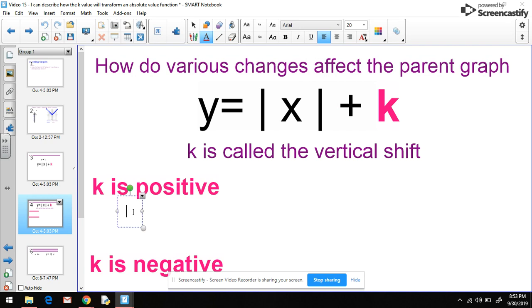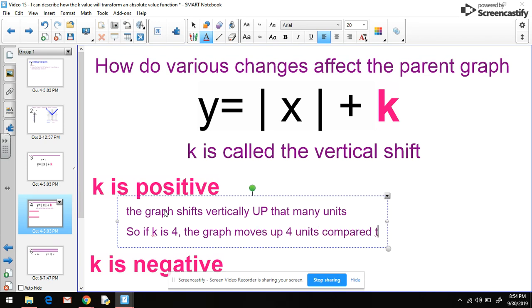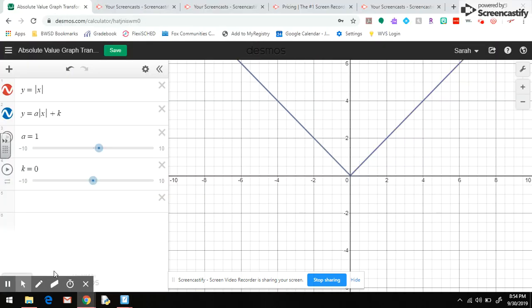So I'm going to add that piece in. When k is positive, the graph shifts vertically up that many units. So if k is, let's say, 4, the graph moves up 4 units compared to the parent graph. And we saw that back here. When I changed k to be 4, the graph moved up 4 units.